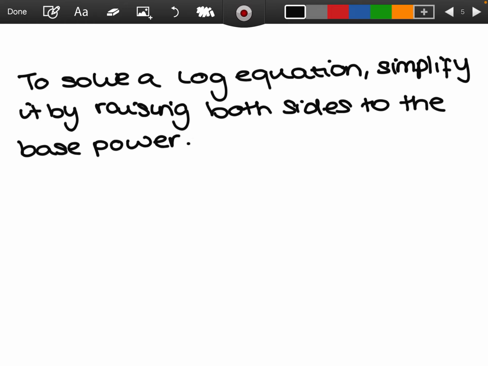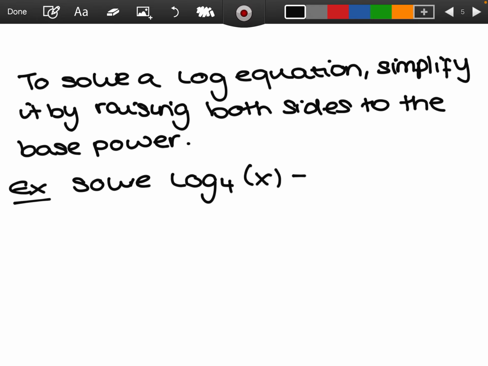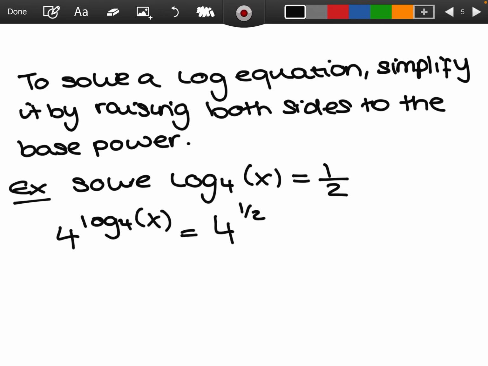Let's do another example. This time I'm going to solve log base 4 of x is equal to 1/2. This time my base is 4, so I'm going to raise both sides to a power of 4. So 4 to the power log base 4 of x is equal to 4 to the power 1/2. 4 to the power 1/2 is just the square root of 4.